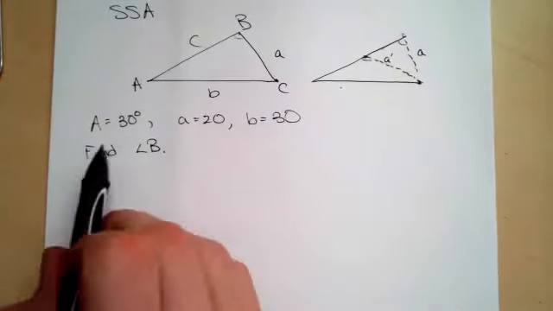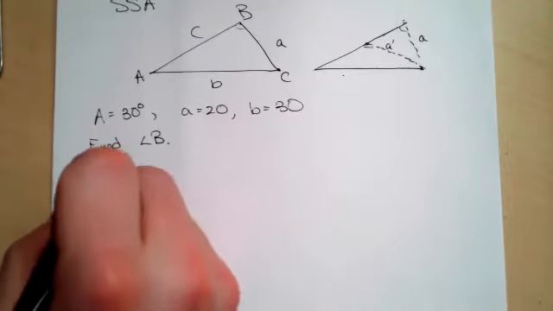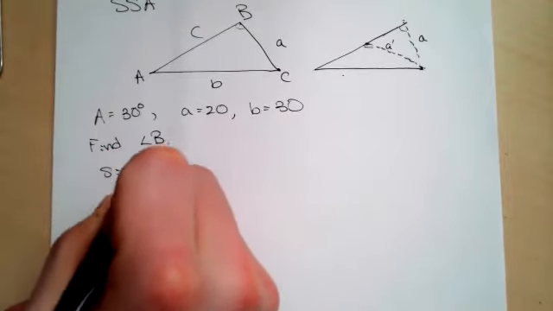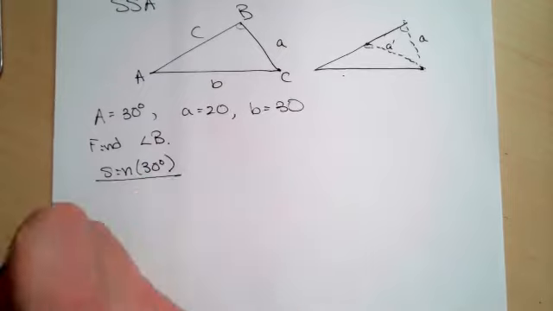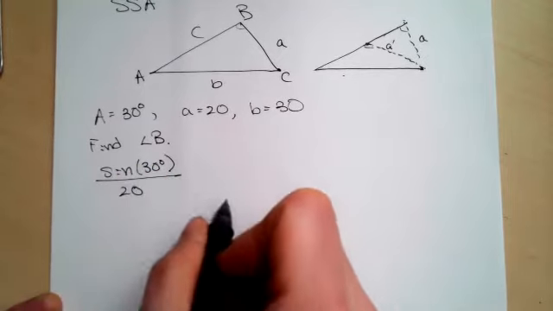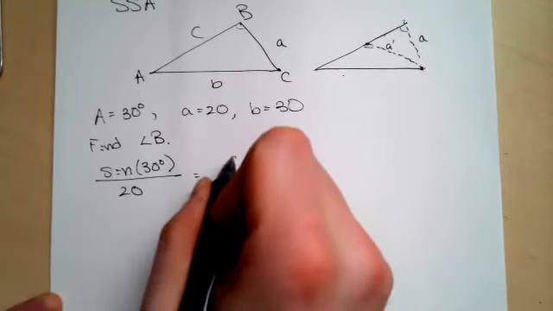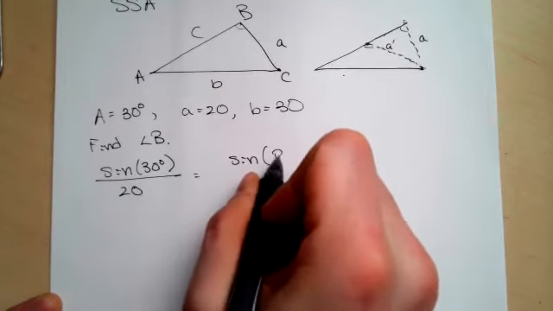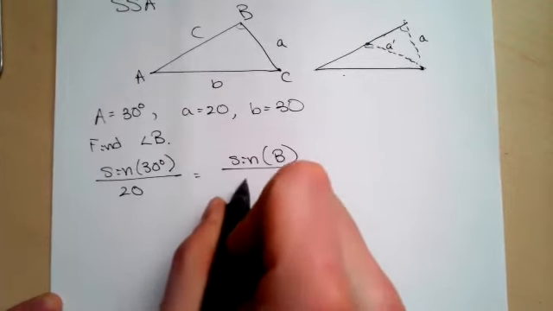Let's see what happens. So let's go ahead and try to set this up. We have sine 30 degrees divided by A, which was 20, is equal to sine of B over 30.